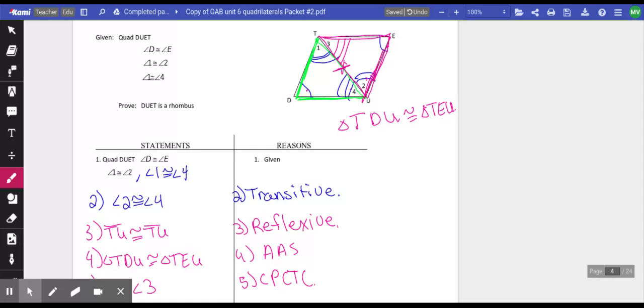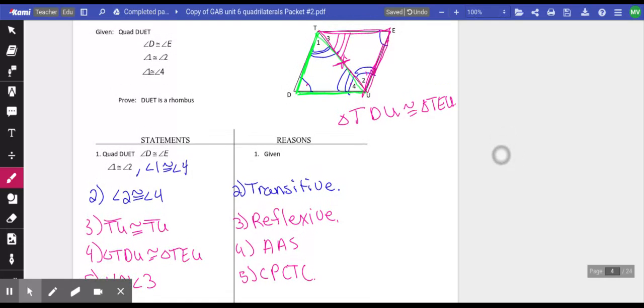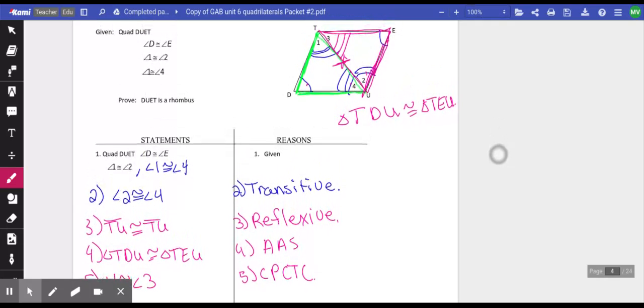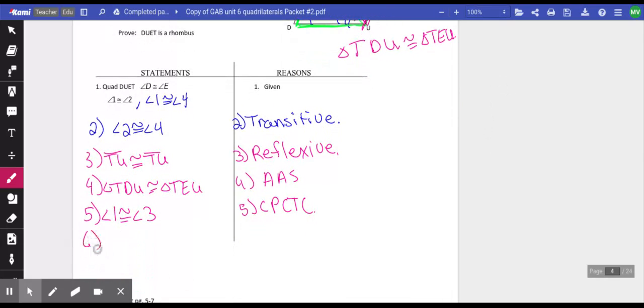I know based on my CPCTC that TE, that actually doesn't help me because those are consecutive sides. I know that DT is parallel to UE, because alternate interior angles implies parallel.